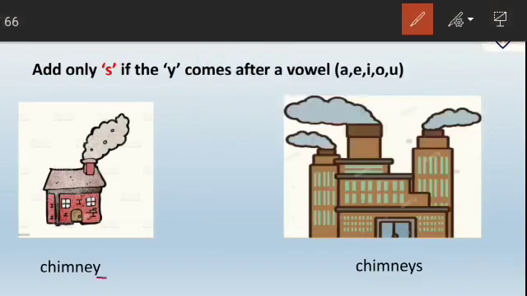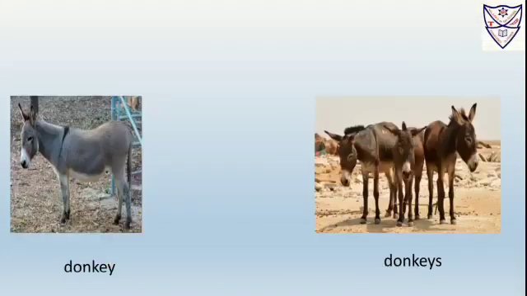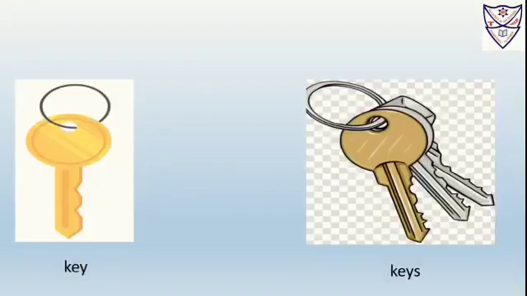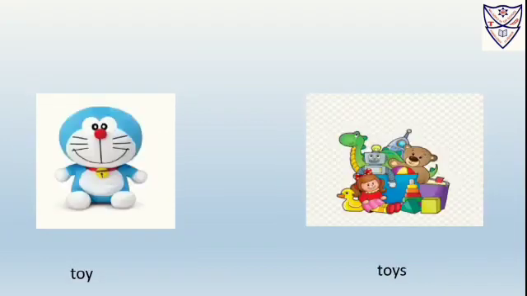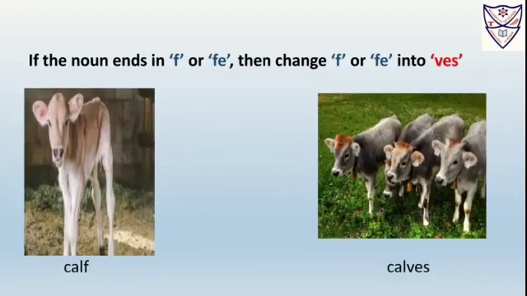Now my last letter is Y and before that I have a vowel E. So to make it plural I will add only S. Chimney, chimneys. Donkey, donkeys. Key, keys. Monkey, monkeys. Toy, toys. Now we go to the next rule.